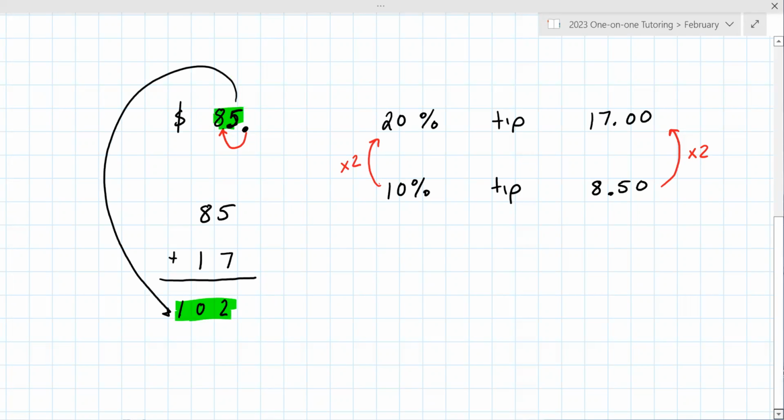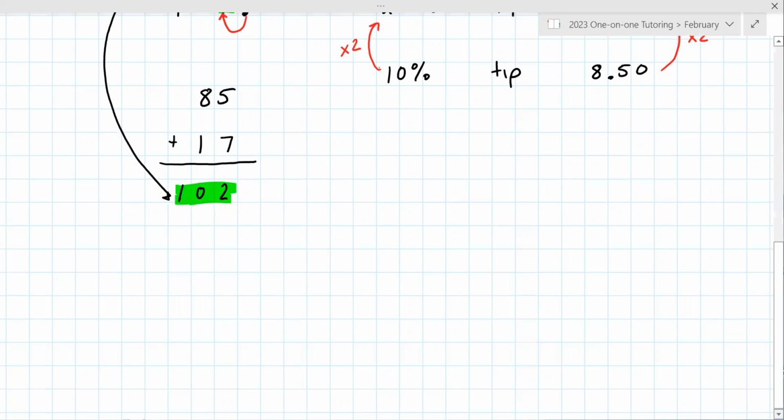So we're going to take this 85 and we're going to multiply it by 1.2. Okay. Could you multiply that for us? Sure.